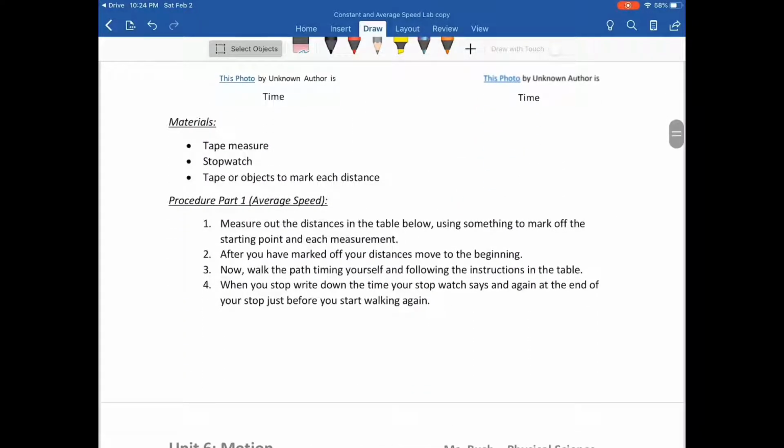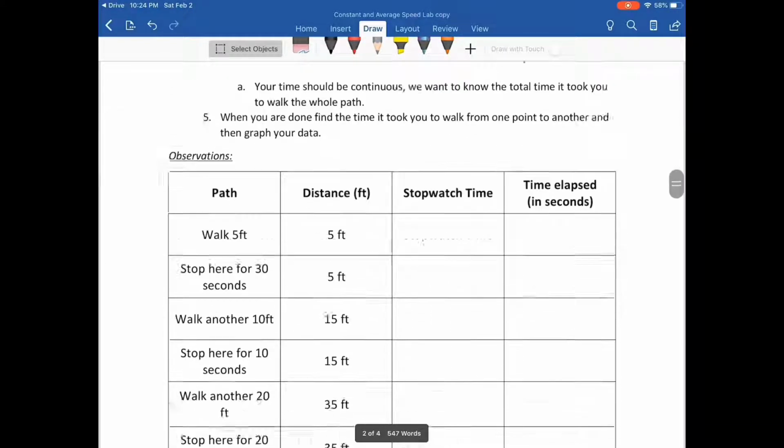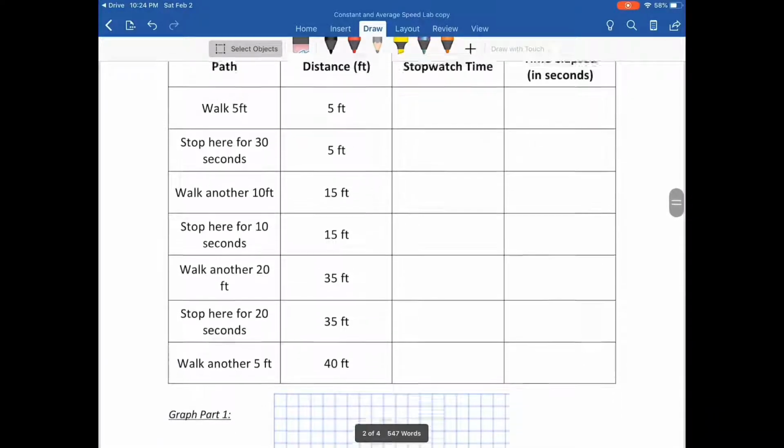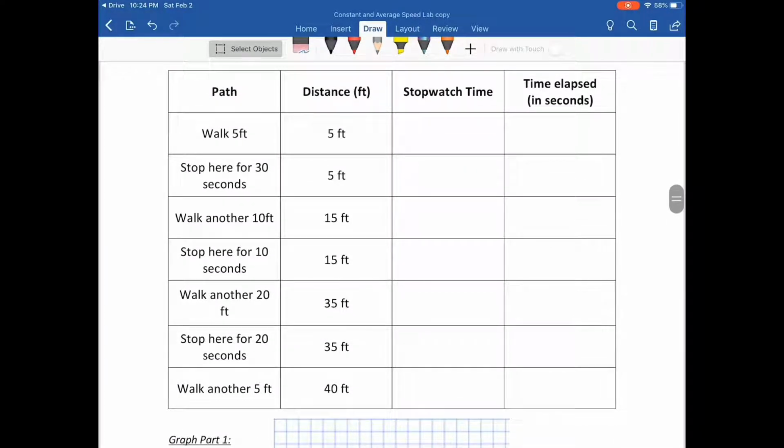All right, for this lab, you need a tape measure of some kind, a stopwatch, and tape or something to mark off distances. For part one, you are going to be walking a certain path with a total of 40 feet.